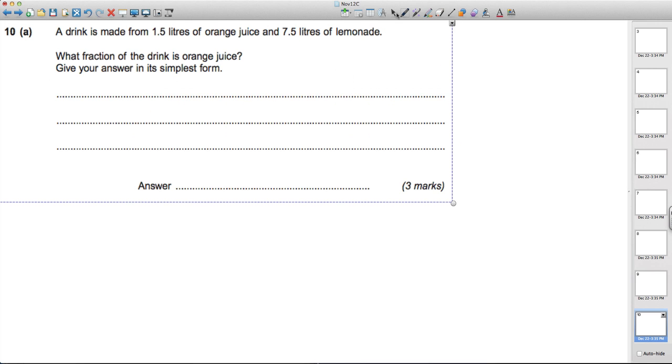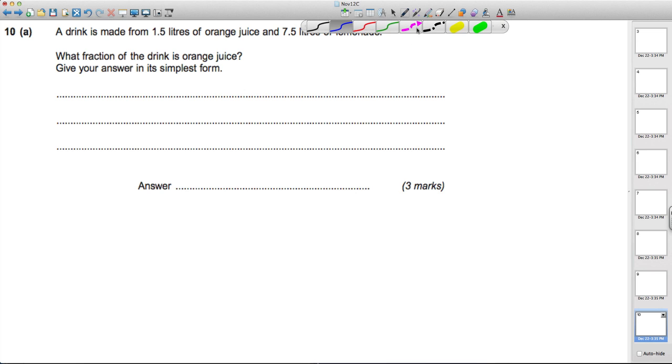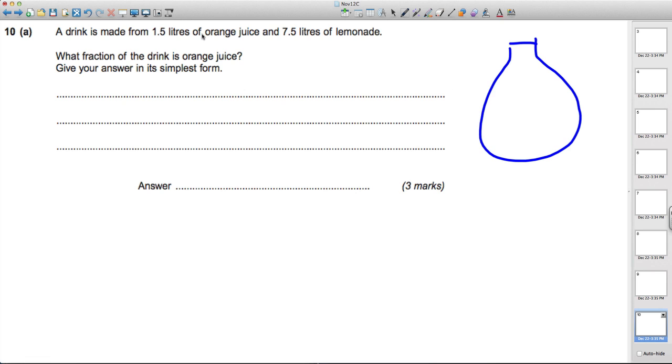Question 10. Now, draw a picture for these to stop me making mistakes, because people make mistakes on these ones. There is a drink, and it's 1.5 litres orange juice, 7.5 litres lemonade.